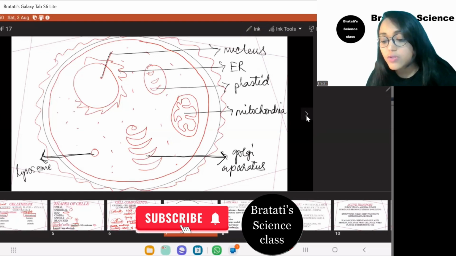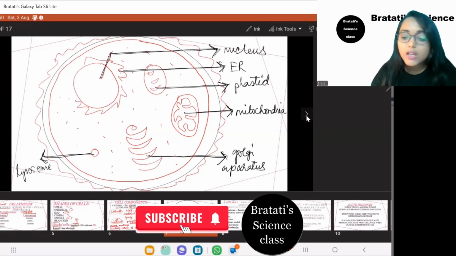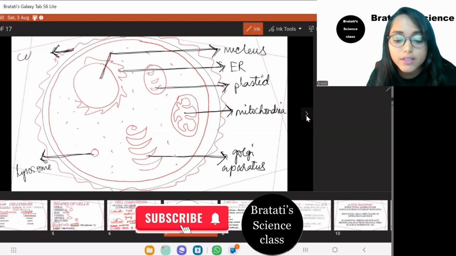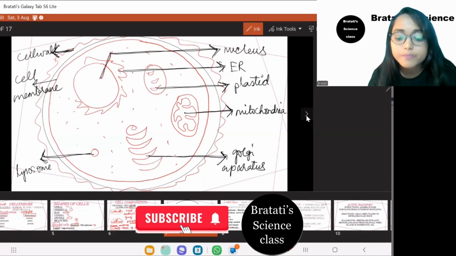So this is the 2D structure of the Golgi. This is mitochondria, the powerhouse that generates ATP for energy. This is ER, endoplasmic reticulum, and this is the control center or nucleus. And this is the cell wall, which is present, as you know, in the plant cell, and this is the bilayer cell membrane, or we can also call it plasma membrane.